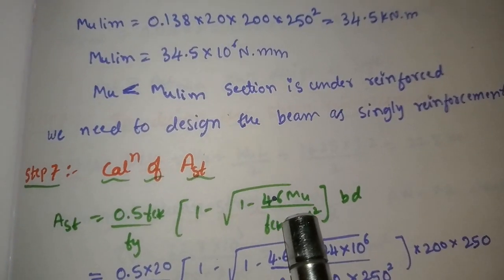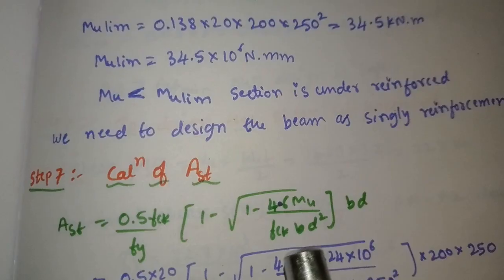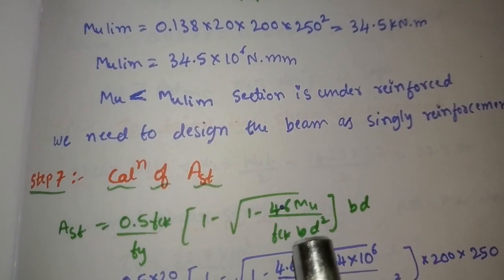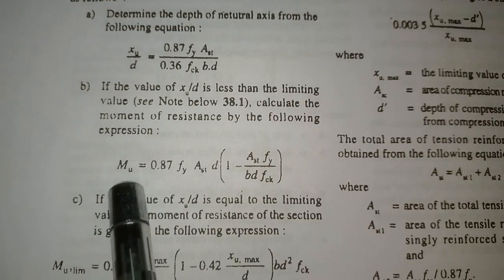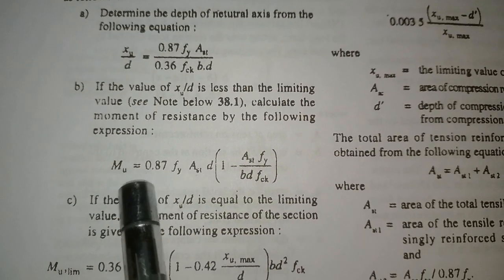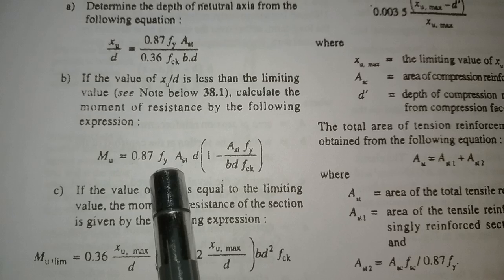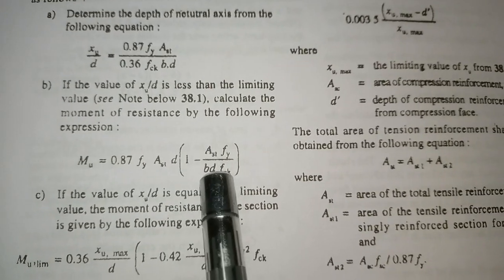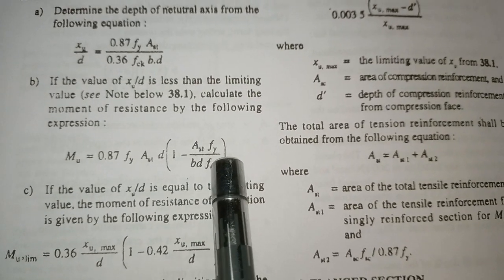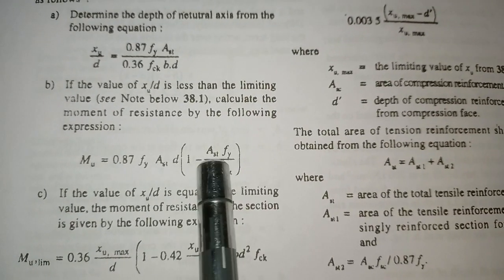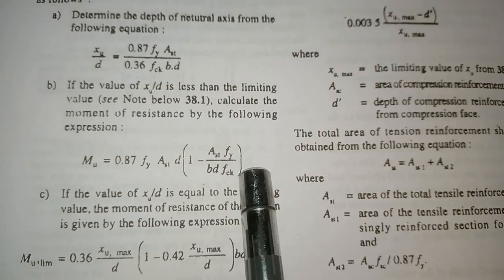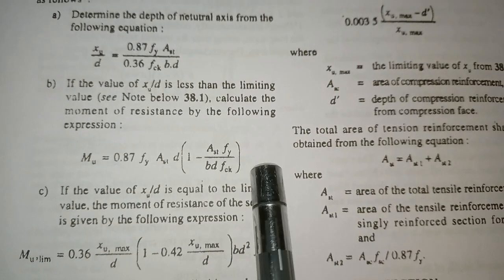The answer will be the same as when you calculate the AST value by using the formula given on page number 96. On page number 96, the formula is Mu is equal to 0.87 Fy AST into D, bracket 1 minus AST into Fy divided by B into D into FCK. By using this formula, you can calculate the AST by quadratic equation.